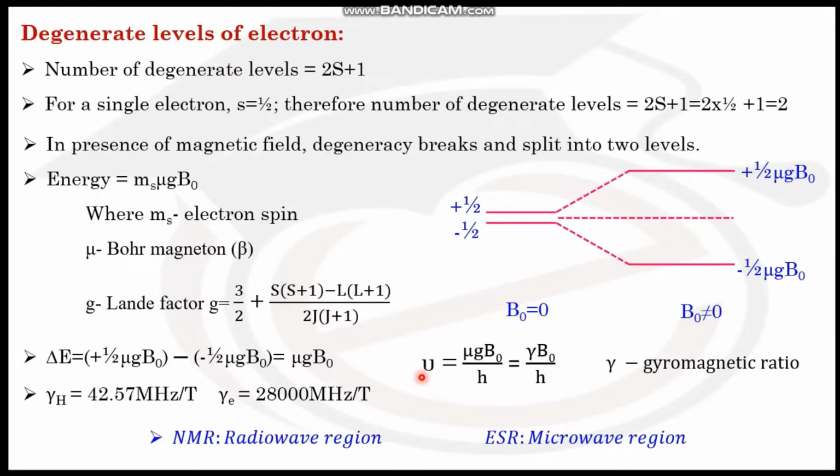If you know the equation, it's very easy to do. If you don't know the equation, you are not able to do that. Okay, we can discuss that later. So this equation you have to remember: delta E equals mu g B0 or gamma B0, and nu equals gamma B0 by h. Fine. And this point also you have to remember: NMR is in the radio wave region and ESR is in the microwave region.